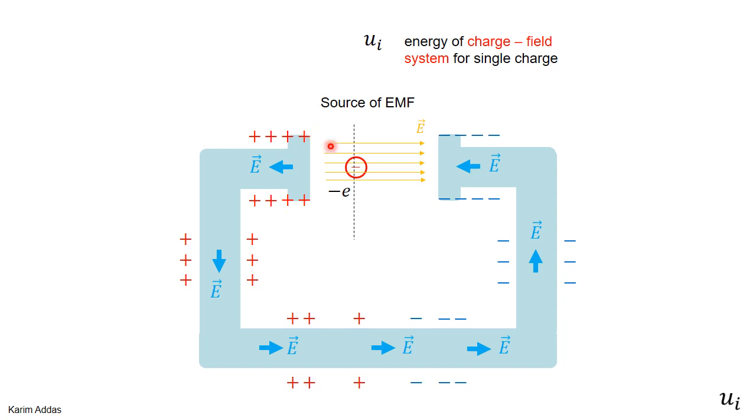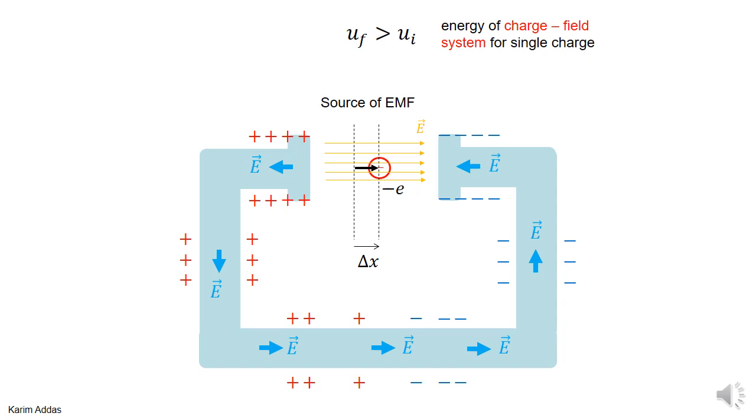So imagine you have a charge that starts out at some position, and the energy of the charge-field system, when the charge is located at this position, is called U initial, small u initial. And then wait a small amount of time. This external force, the force due to the battery, is trying to move the charge opposite the way it wants to go. The negative charge, if you let go of it, will just go to the left.